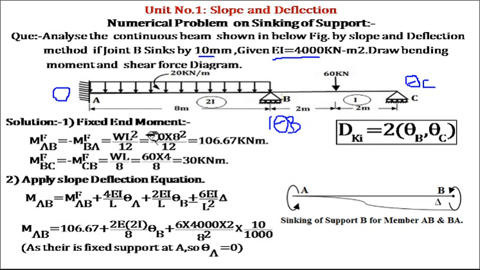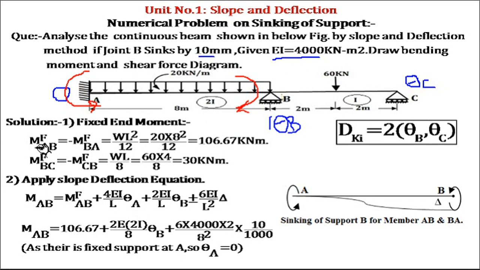Now the fixed moment is calculated according to the given load. Now the member AB is subjected to a UDL. So fixed moment in member AB will be in anti-clockwise direction. For BA, it will be in clockwise direction. So here the sign convention: anti-clockwise positive, clockwise negative.